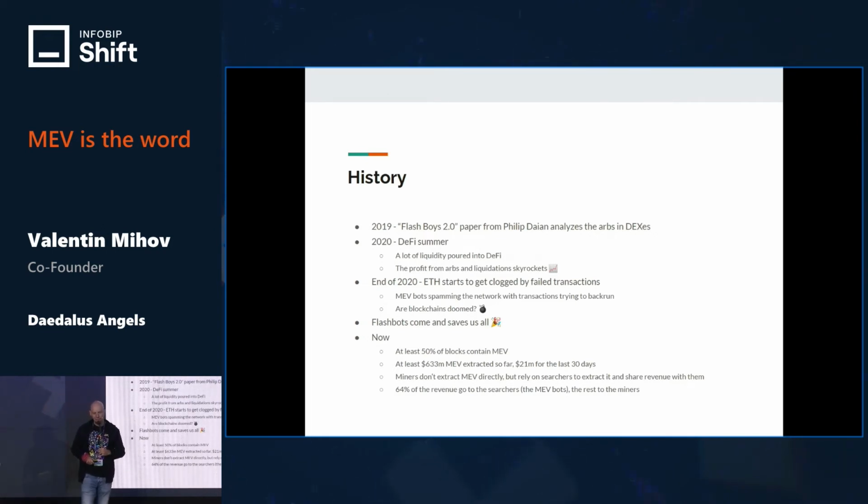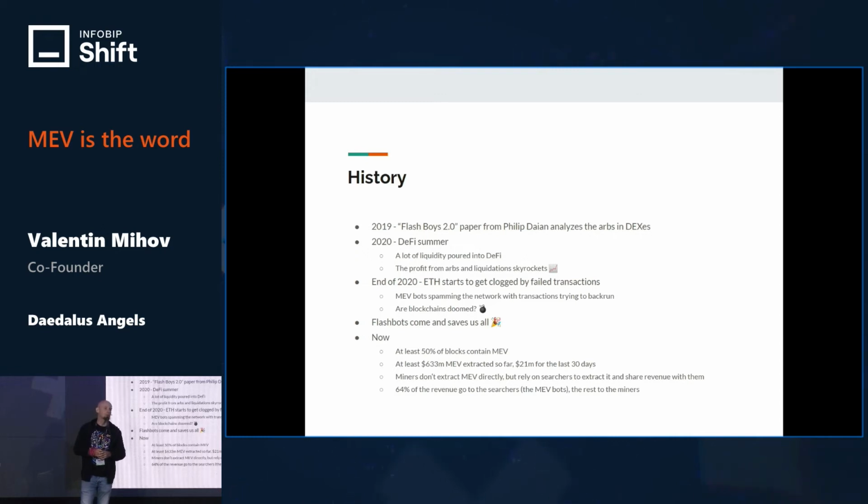So what happened is that Flashbots came in. This is a project that we're going to talk about a little bit later, and it kind of saved the world, saved crypto. We're going to see how it managed to do that. What is happening right now is that at least 50% of all the blocks contain MEV. So far, over $600 million have been extracted out of this activity.